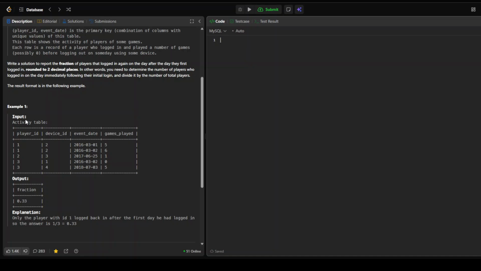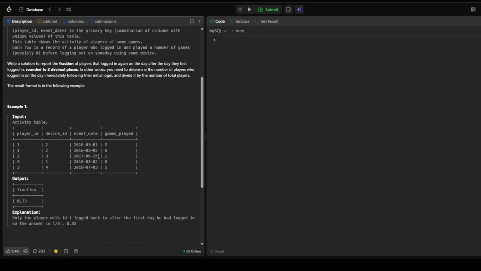Now we have been given a table of activity. Player 1 logged in 2 times, player 2 logged in only 1 time, player 3 logged in 3 times. So the total number of players is 3, right? But out of them, only player number 1 logged in on the day immediately after their first day, because they logged in first on 1st of March and they logged in on 2nd of March.